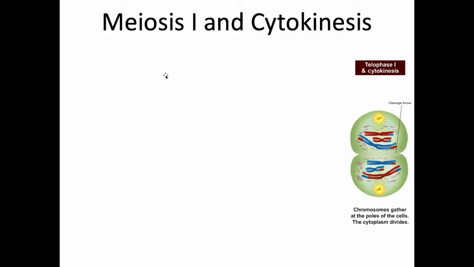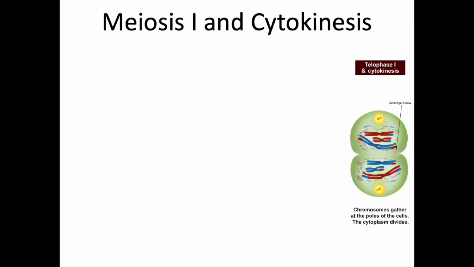These cells here, at the end of meiosis I in the first cytokinesis, are not actually diploid. These two chromosomes are the same. A little bit of difference because of crossover, but these are the same chromosome. These are the same chromosome. These are the same chromosome.